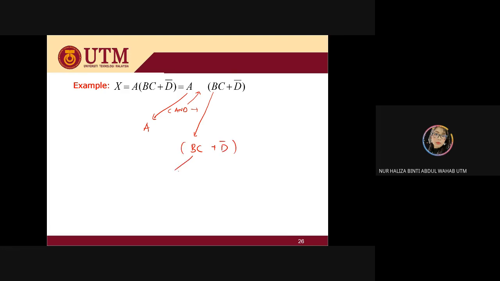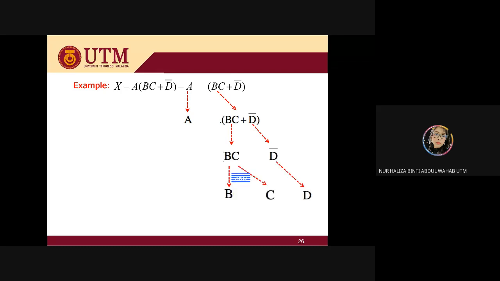You make it the AND with the solution, which is all over here. And from here you have B and C. And this whole solution, you have an OR gate, and you have D bar, which is a NOT gate. In a proper look, you can see this.